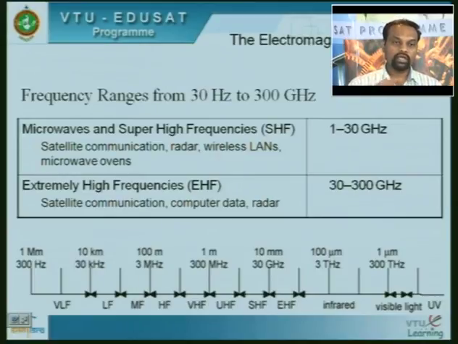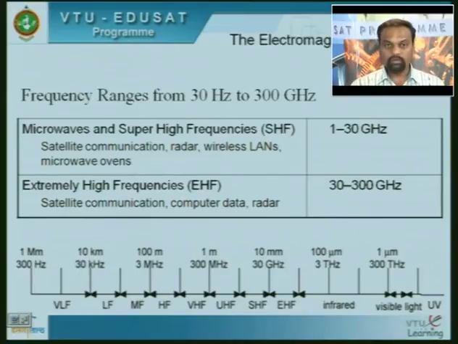Extremely high frequencies, between 30 and 300 gigahertz, are used for defense purposes and radar signals. These are the ranges of your electromagnetic spectrum.